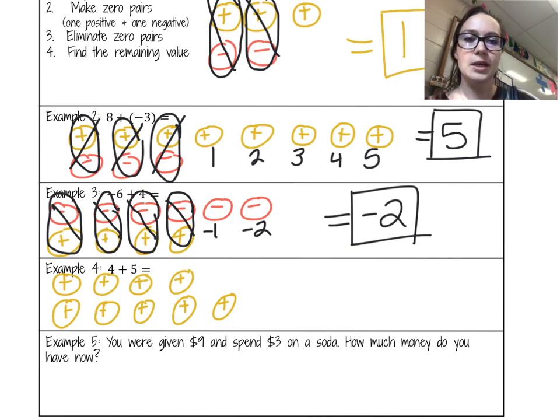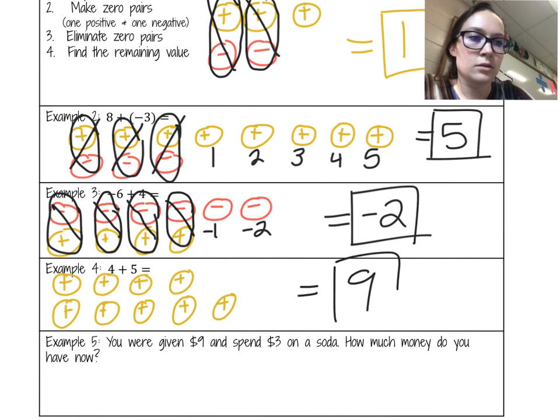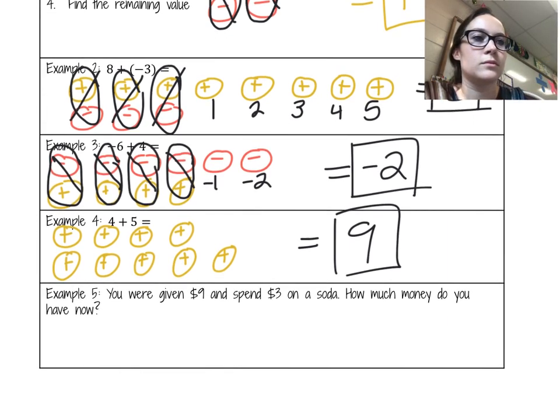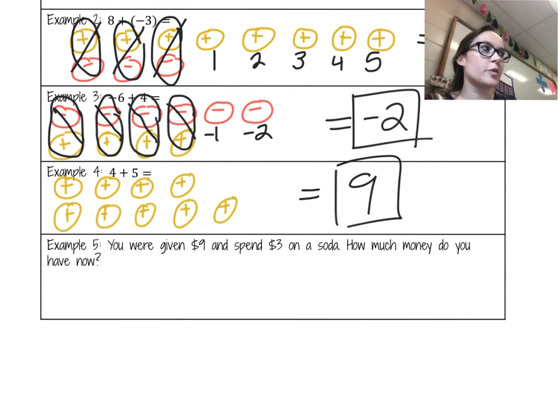So I'm just going to count how many there are. There's 1, 2, 3, 4, 5, 6, 7, 8, 9 integer chips. So 4 plus 5 is 9. I'll give you a second to catch up on the writing.